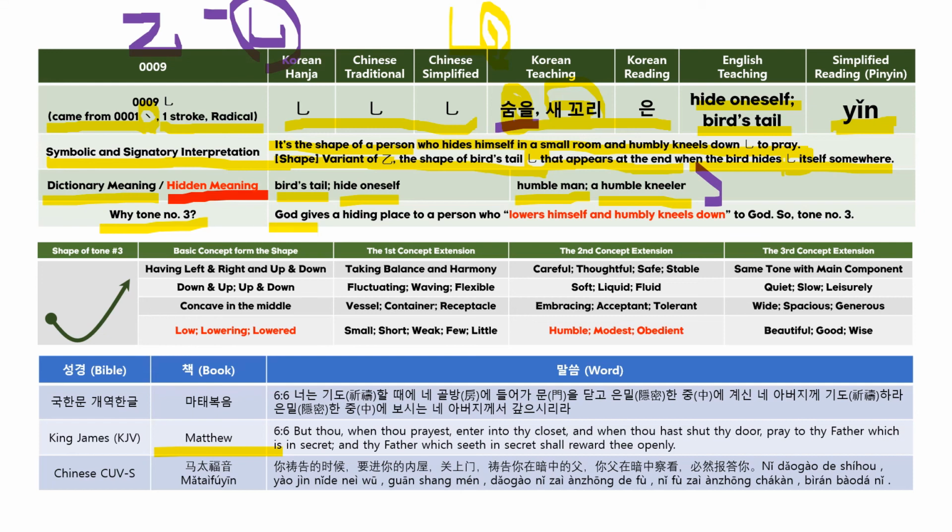So God gives a hiding place to a person who lowers himself and humbly kneels down to God in prayer. So tone number 3, lowering himself and praying in a humble, modest, and obedient manner, something like that.